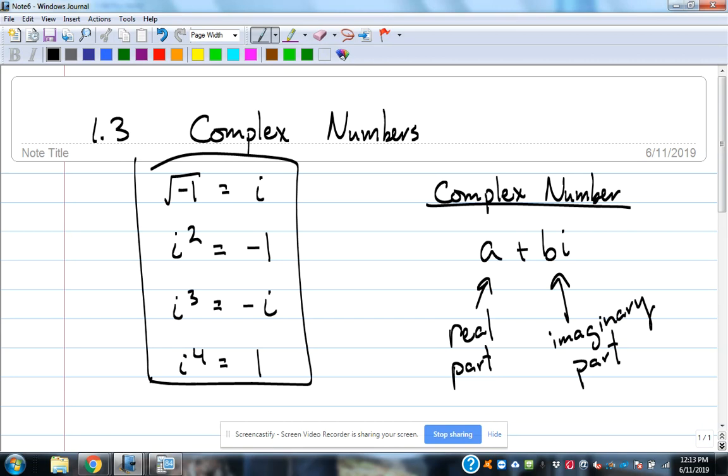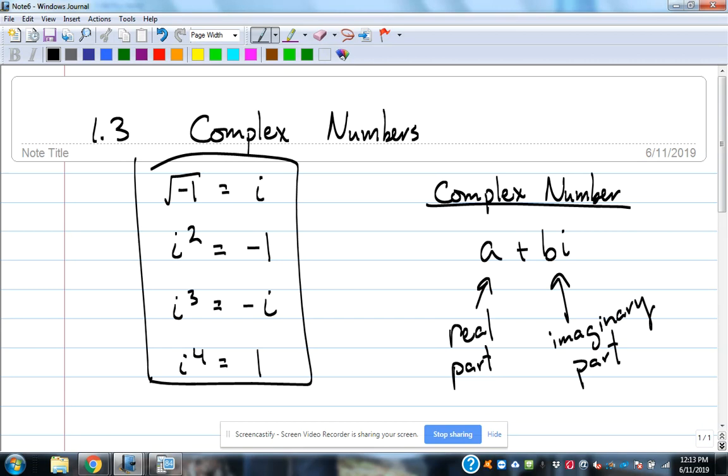So they started calling these answers that they couldn't find imaginary answers, and that's where the imaginary number idea came from, because they didn't know a better way to describe that. The name stuck, and we probably could come up with a better name now, but we'll just stick with what we already know, and we'll call them imaginary numbers.